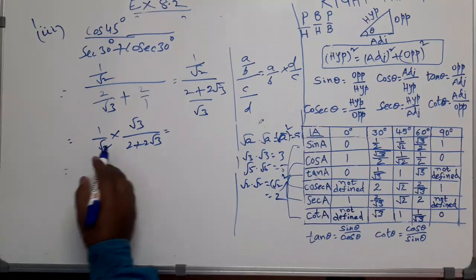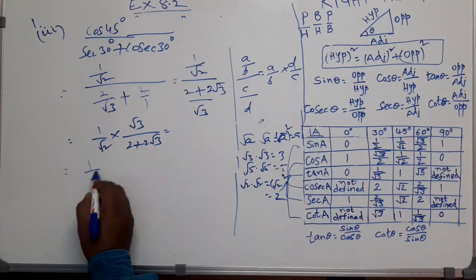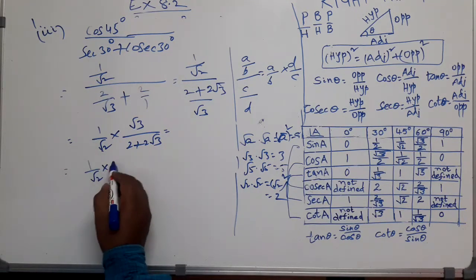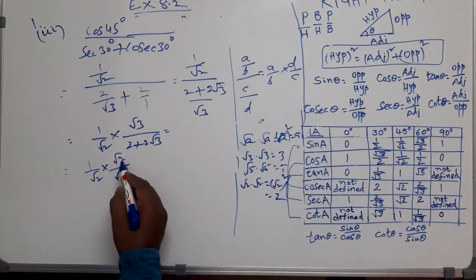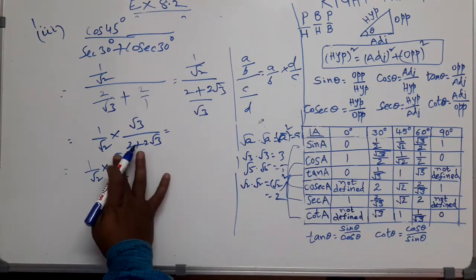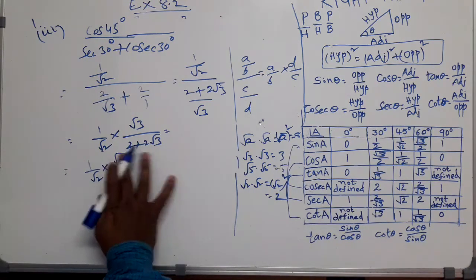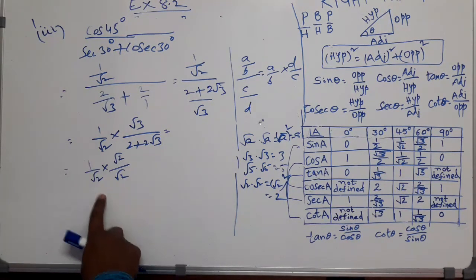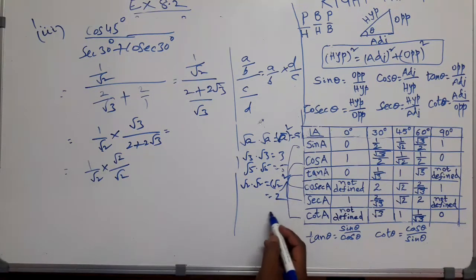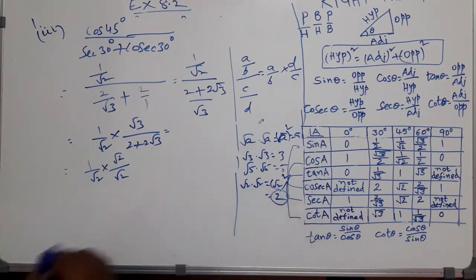So to have it, I am doing like this. 1 by root 2 is already there. I am multiplying and dividing by root 2, so that no change will be there, but my expected result I can get. Now see the denominator, this part, root 2 multiplied by root 2 I have. I can replace that by 2.